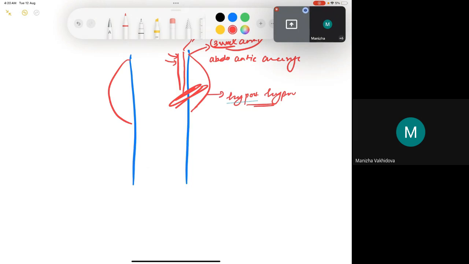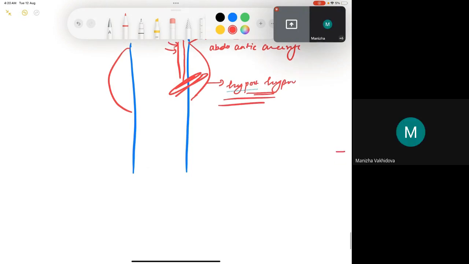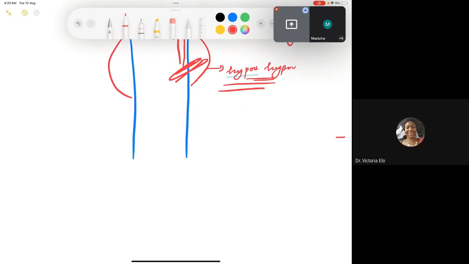So the most often site is infrarenal, right? The infrarenal abdominal aorta can get an aneurysm in most of the cases. Is it clear? Yes, that's clear. The most common site of occurrence is infrarenal. Is that what you said? Yes, infrarenal. Why?